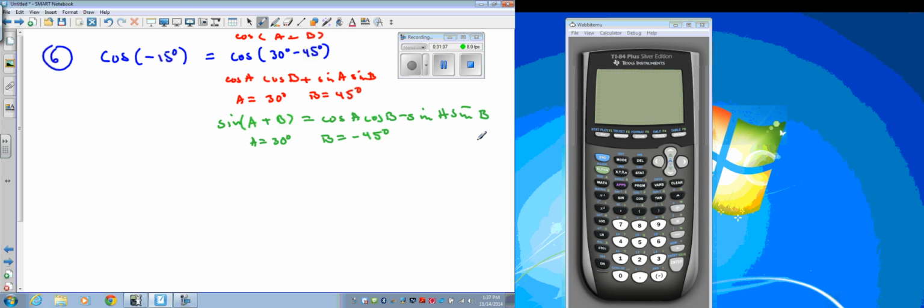I would substitute 30 in, and for B I'd substitute a minus 45, so it'd be 30 minus 45. If I use the difference formula, with A as 30 and B as a plus 45, then it's a positive 30 minus a positive 45. You just got to make sure of that.